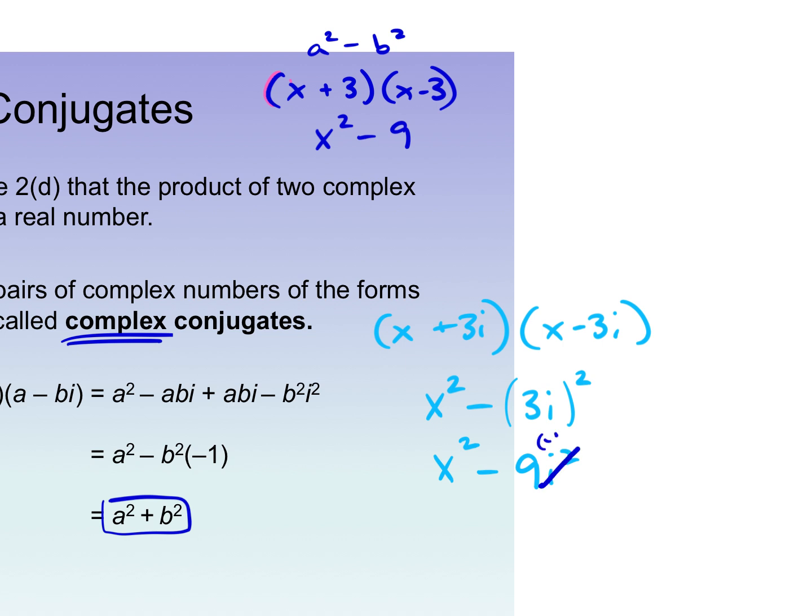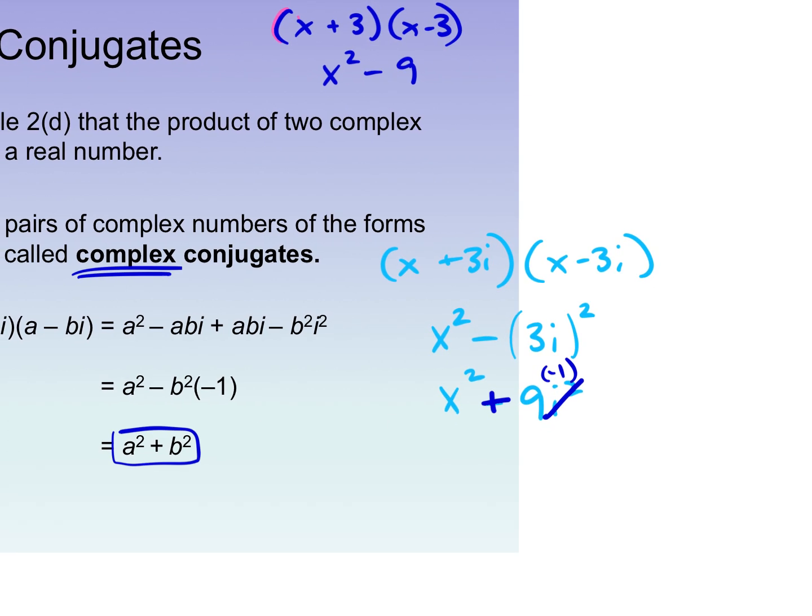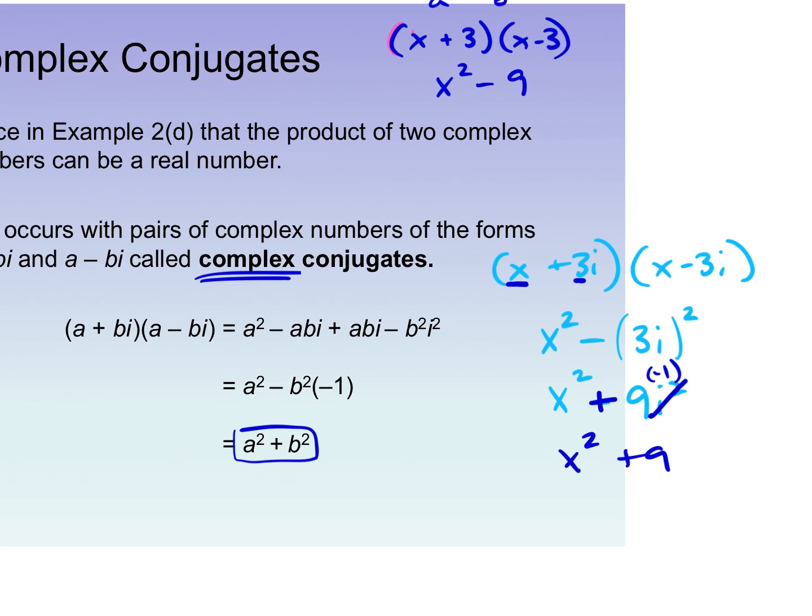So -1 times -9 would be +9. So it's kind of skipping that extra step of changing the i squared to negative. It just says square the first one and then square the number in front of your i. So it'd be x squared plus 3 squared, which would be 9. So you can think about it either way, just be careful. I like to write it out so I see the i squared changing. Just be super careful with your signs.